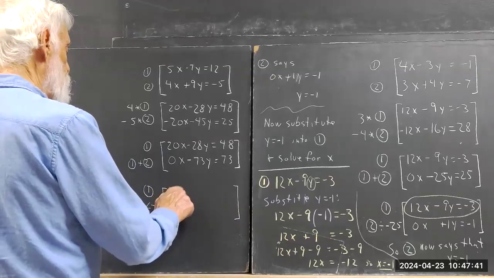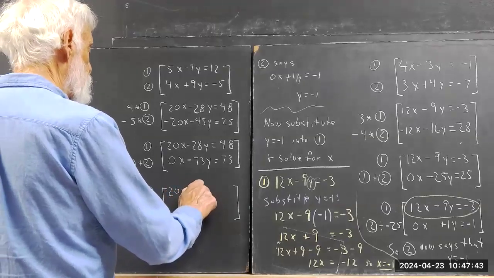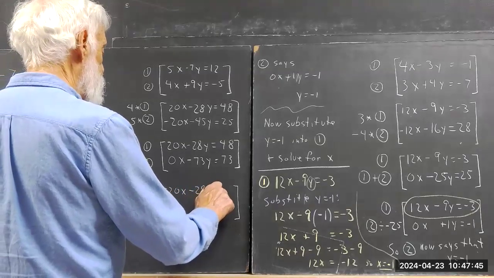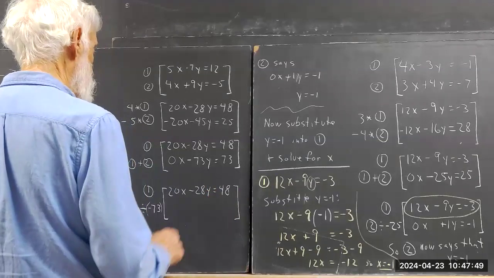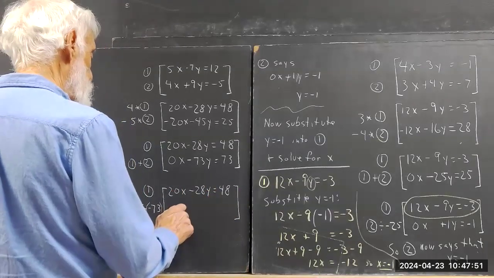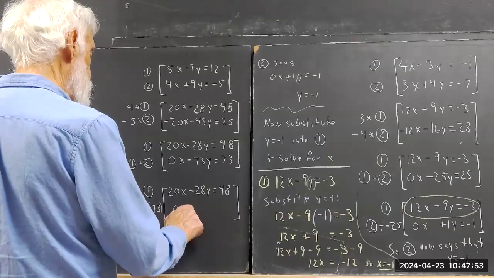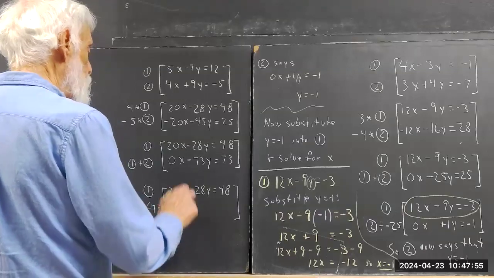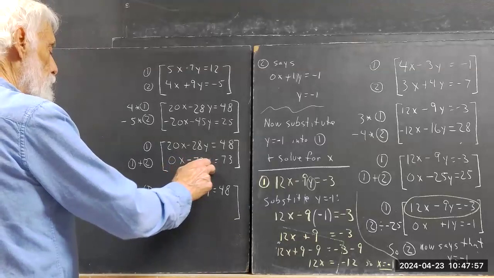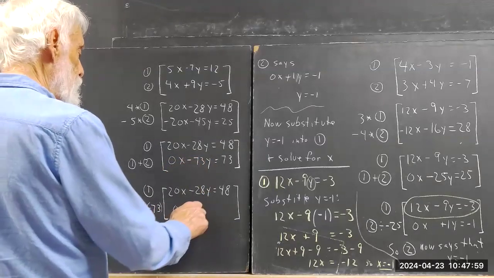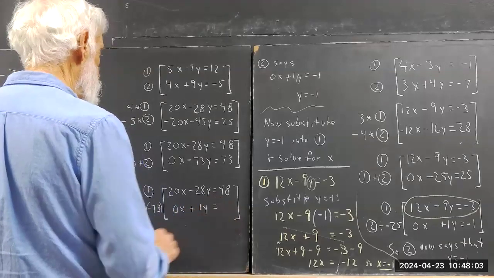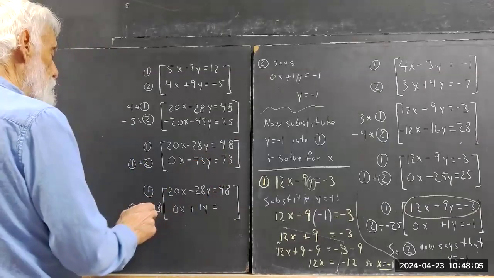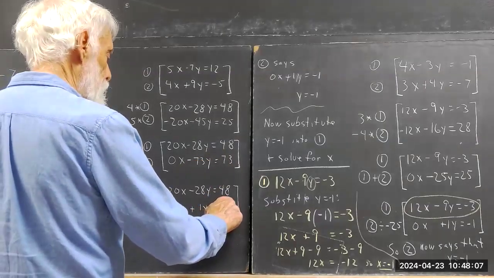We're going to leave equation 1 alone. So we've got 20x minus 28y equals 48. And then we have 0x. We divide negative 73y by negative 73, and we get 1y. And we divide 73 by negative 73, and we get negative 1.